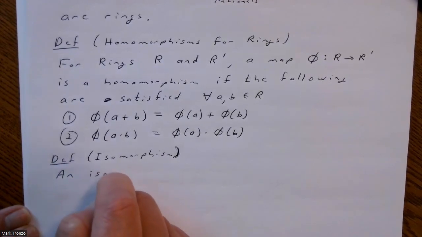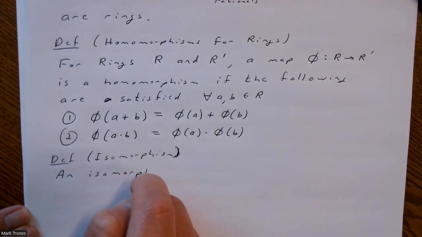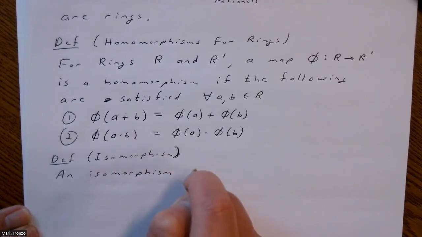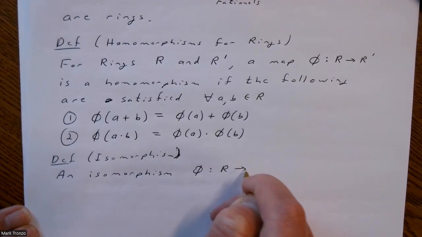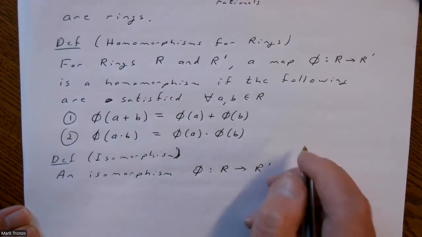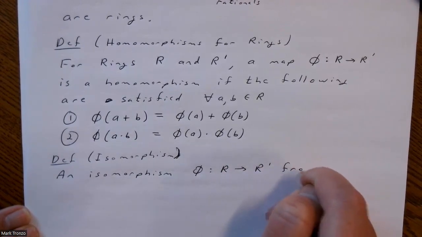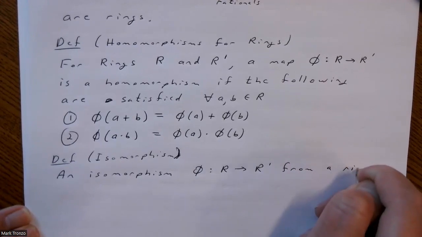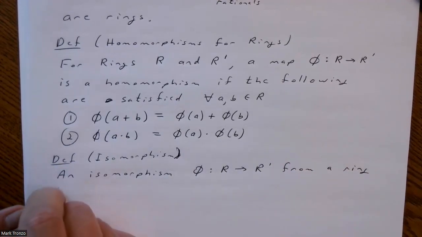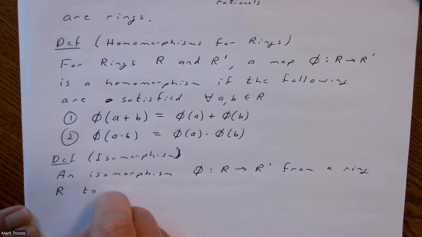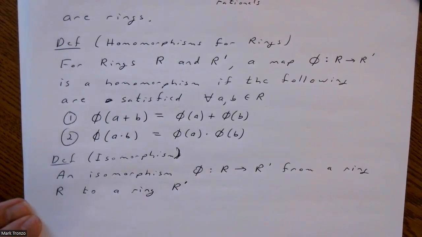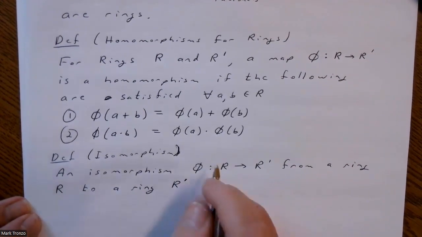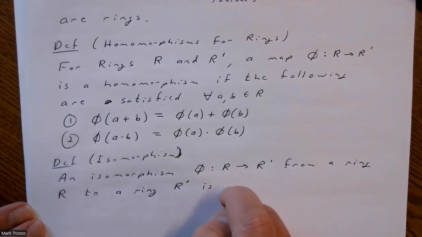An isomorphism from a ring R to a ring R prime, I should say, is a homomorphism.